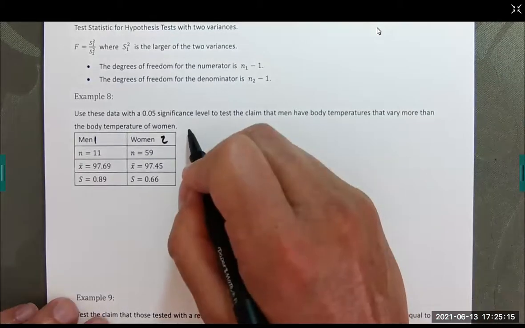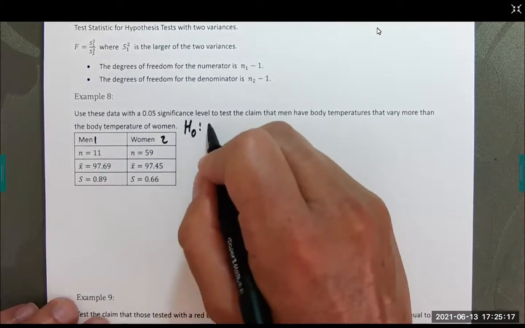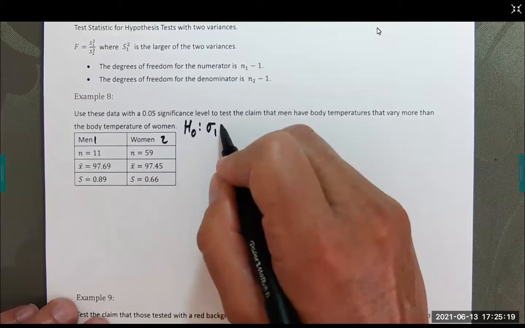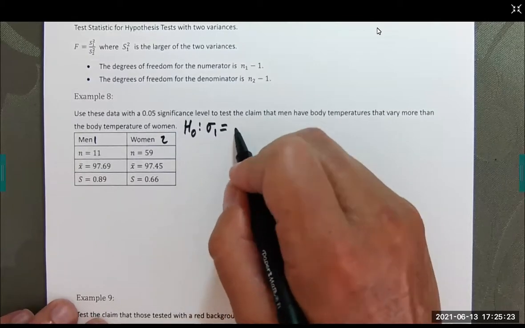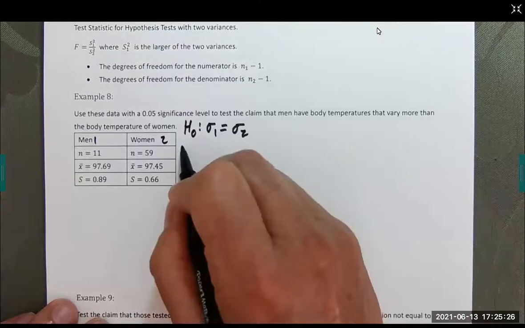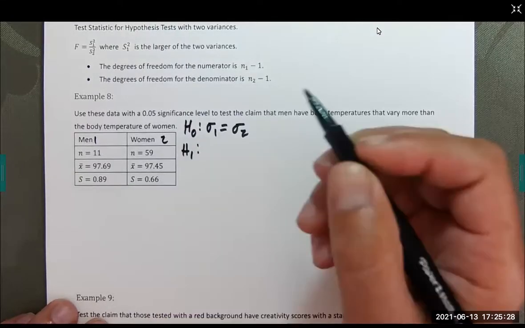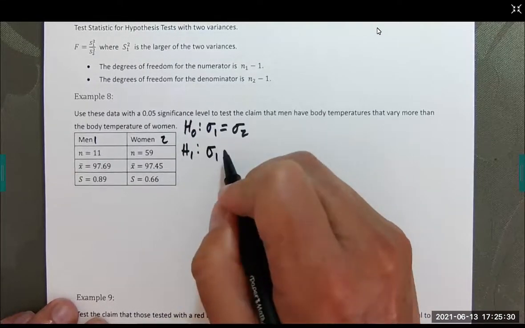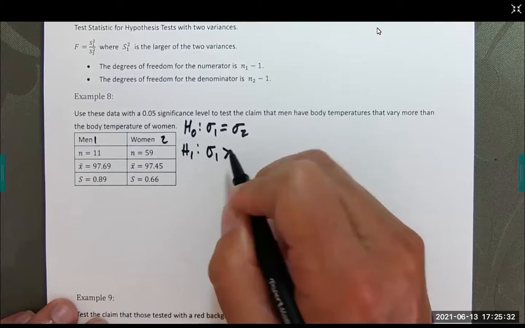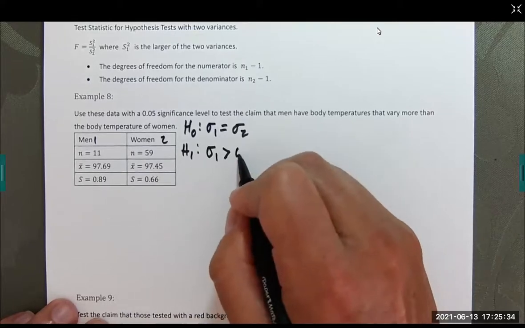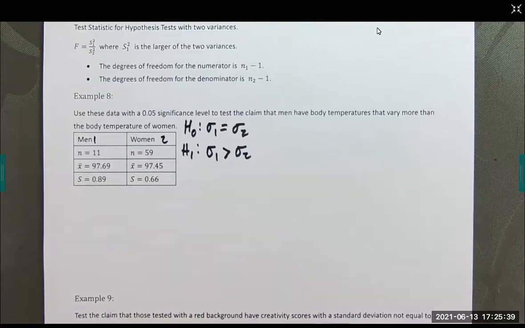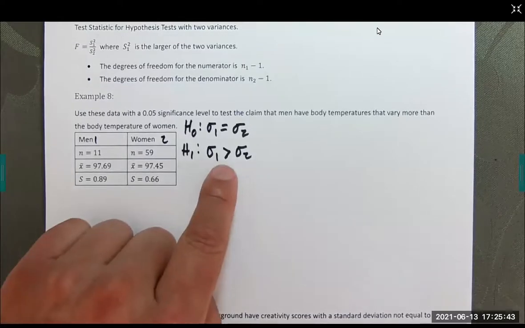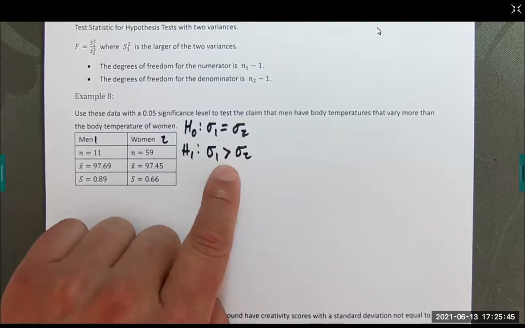And let's start here. Our null hypothesis is that the two variances, two standard deviations, are the same. And the claim is that men, variance or standard deviation, is larger than women. And so this is the claim. And you can see it's going to be a right tail.